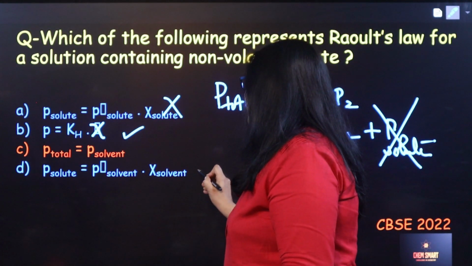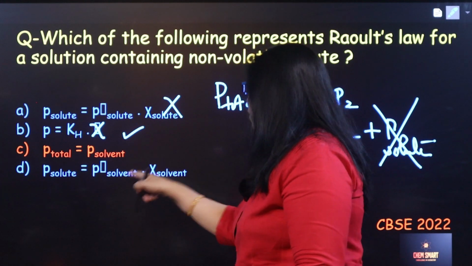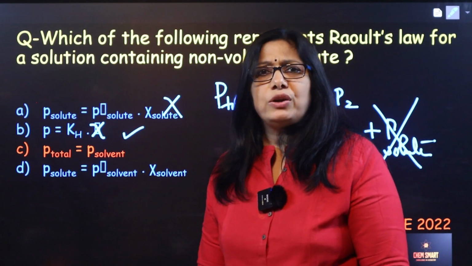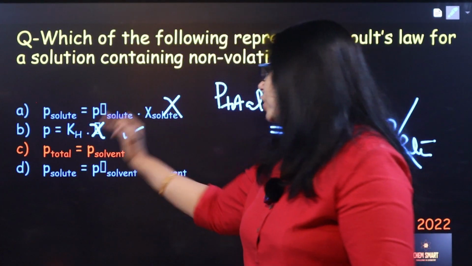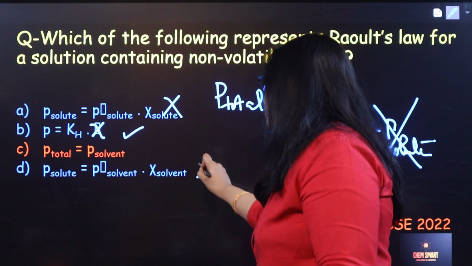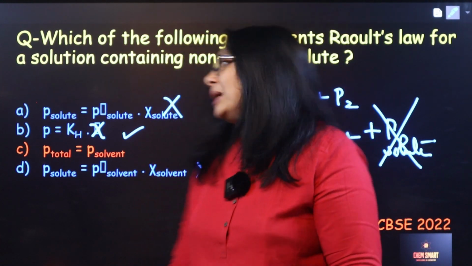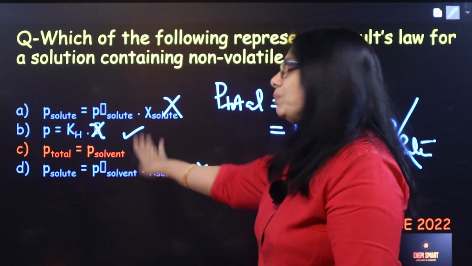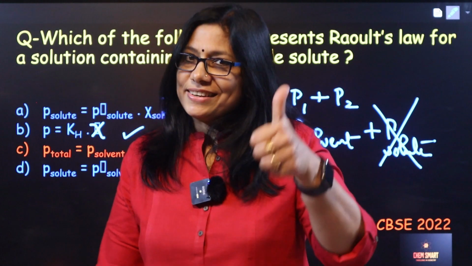If you come to this, P solute is equal to P0 solvent into chi solvent. We don't express Raoult's law mathematically like that between solute and solvent. This is also wrong. So the correct option will be P total is equal to P solvent because P solute is absent. Clear? Great.